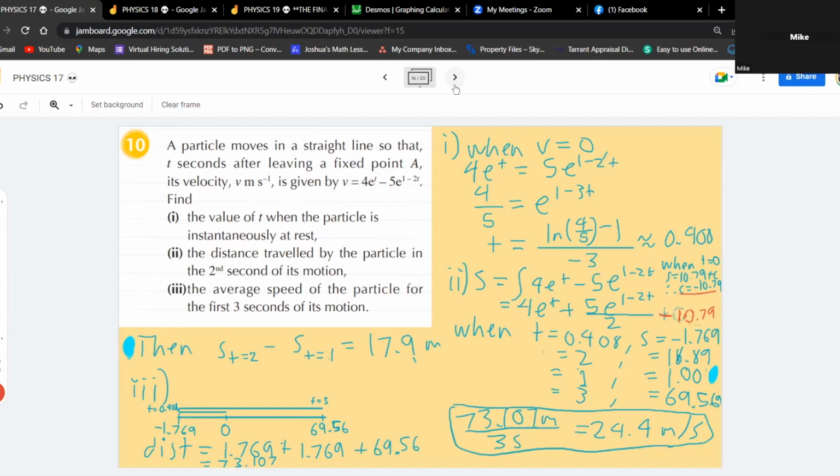Teka, bakit ganyan yung, sorry, pwedeng ano, when t equals. Sige, graph natin. So V is 4 e to the x minus 5 e to the 1 minus 2x.